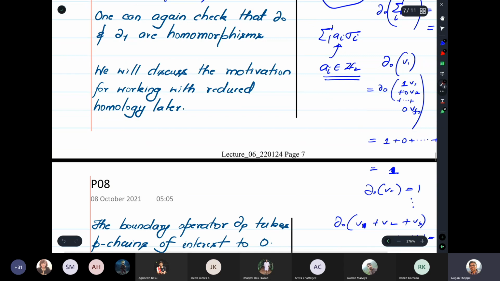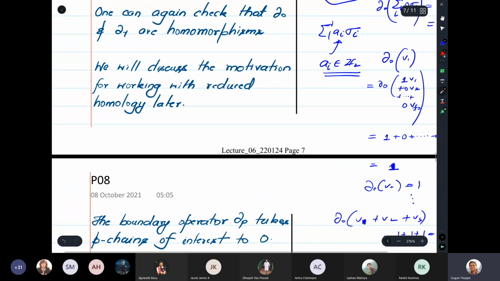So with this, what we have managed to do is that we have the sequence of vector spaces C_-2, C_-1, C_0, C_1, C_2, and so on. Between each of these vector spaces there will be this ∂ operator, which we also refer to as the boundary operator.